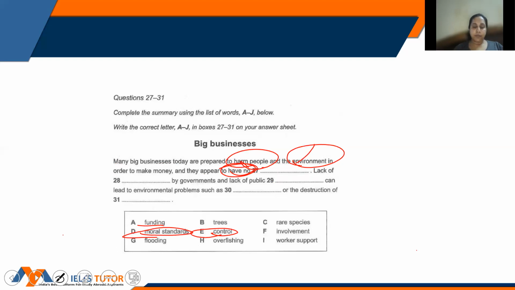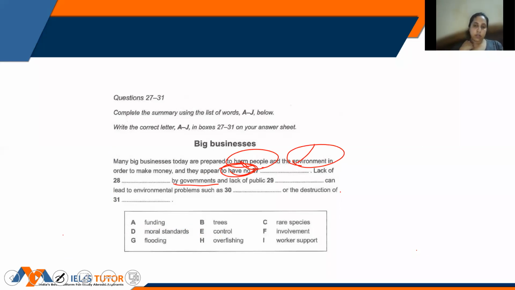Now, the next is lack of dash by government. What could be lack of by government? Lack of dash by government and lack of public dash can lead to environmental problems.